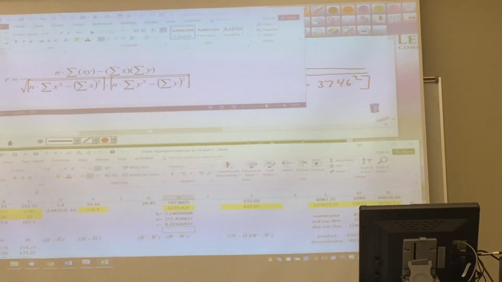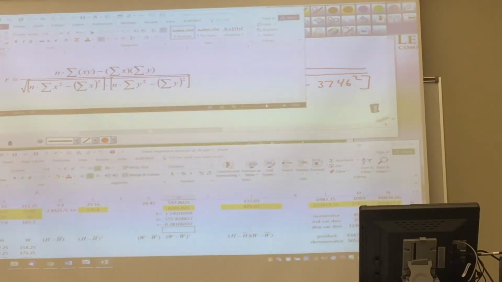We want an R that is, the closer to 1 or -1 the better we are. And it should always be between -1 and 1. So if you ever get a whole number, you've done something a little bit wrong. So basically, the weight would be terrible.